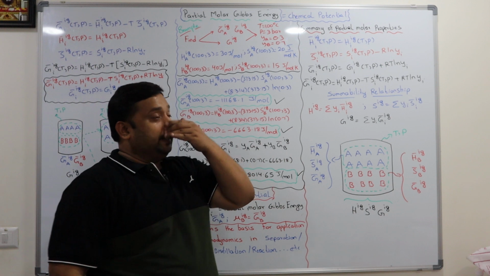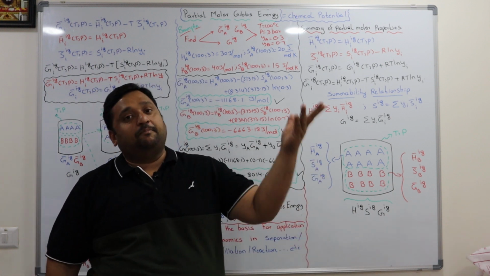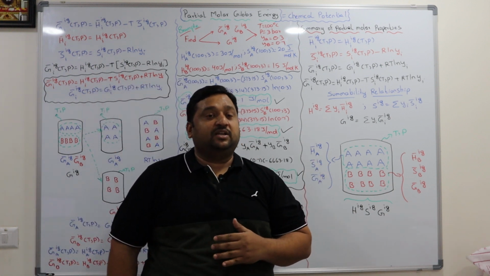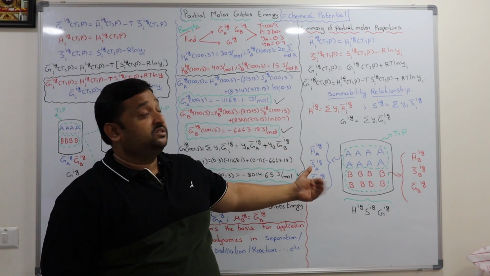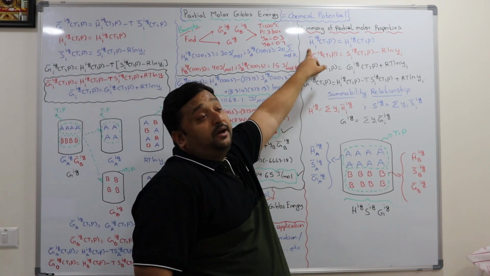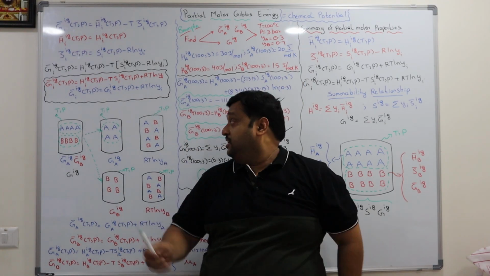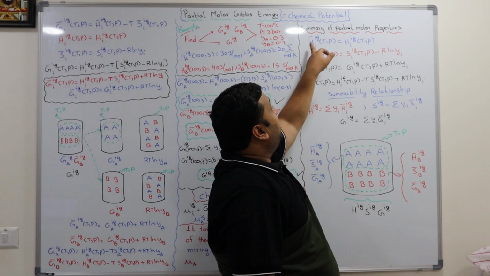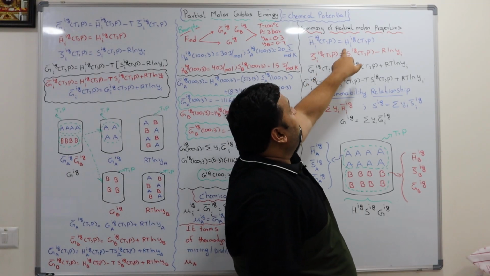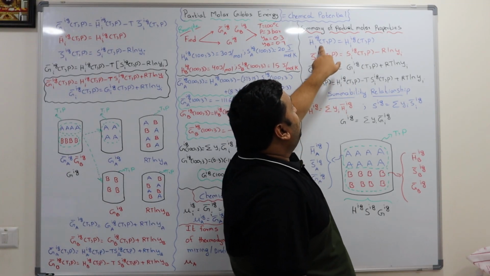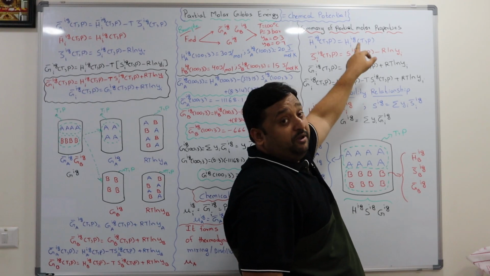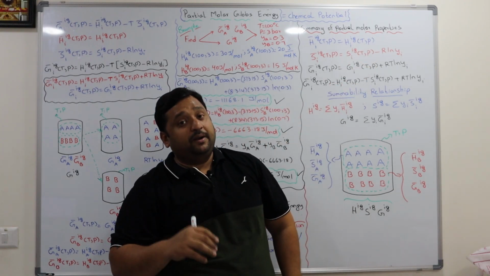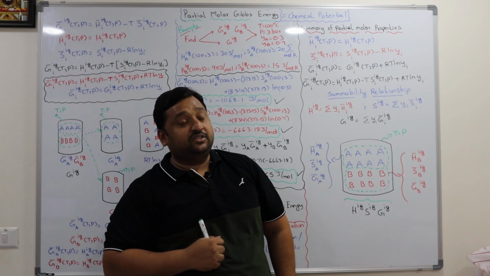So in summary, what we have learned in the past two to three lectures about the partial molar properties, I have given as a glimpse. You can see the partial molar enthalpy of A in the mixture, H bar i ig, is nothing but the pure component property, because enthalpy does not depend on the pressure, only on the temperature.